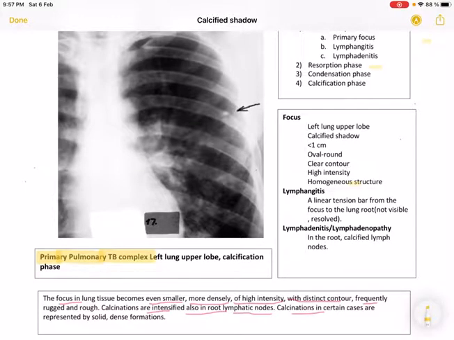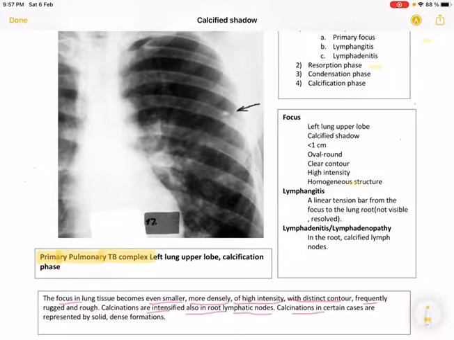Then we also need to know whether the patient is suffering for the first time or is infected by the TB bacteria a second time, or whether it is transmitted from another part of the body into the lung. We can say it is primary if the person is infected for the first time.